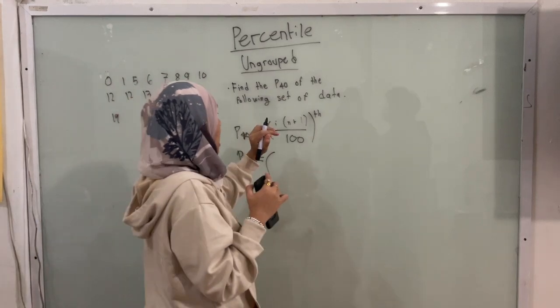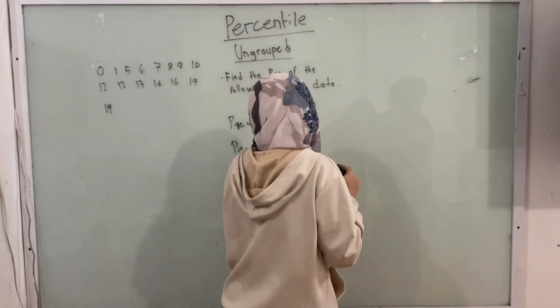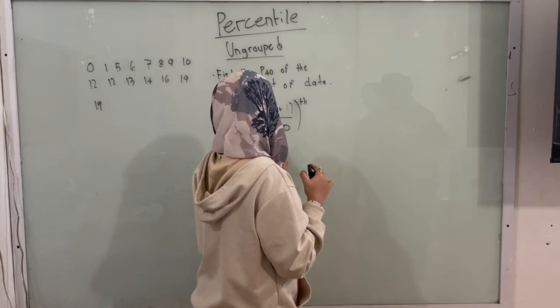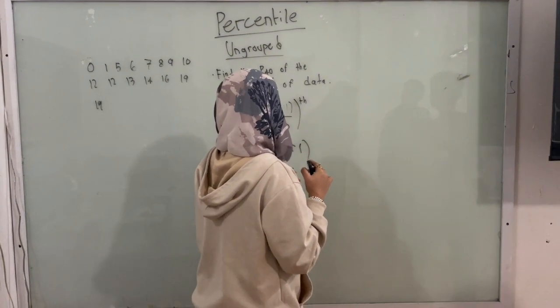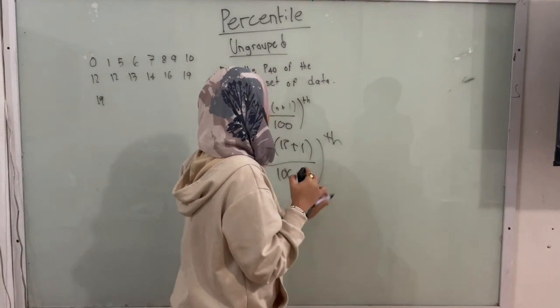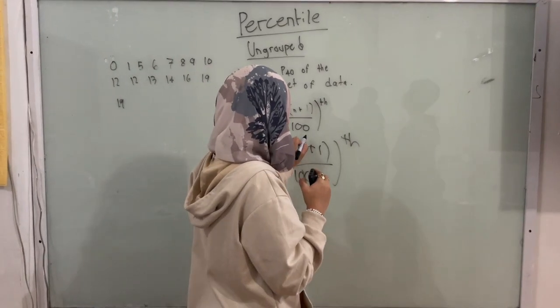So, bali, ang n natin ay 15. So, 40 parenthesis, 15 plus 1, over 100. So, ipa-plus natin. So, 15 plus 1 is equals to 16.